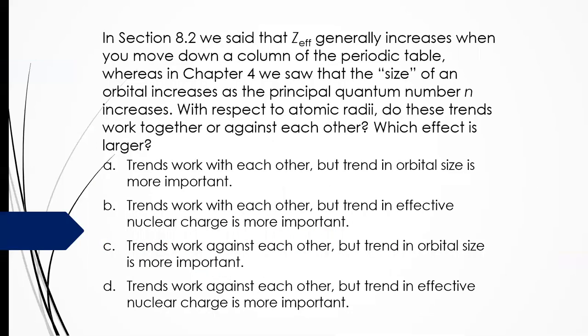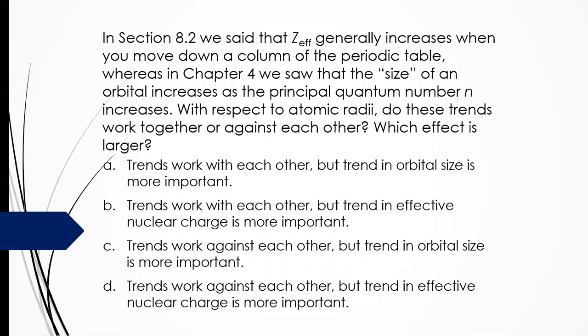So this is a practice, right? We know that Z effective generally increases when you move down the column of the periodic table, because those core electrons don't necessarily shield one-to-one with the proton. We saw that the size of an orbital actually increases with our quantum number, so as our energy level increases.